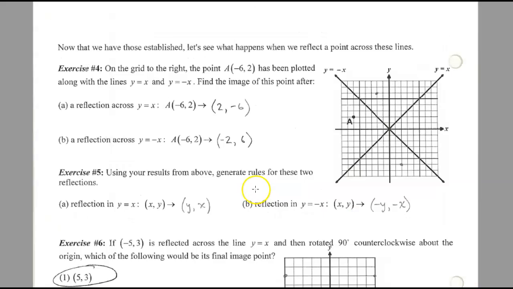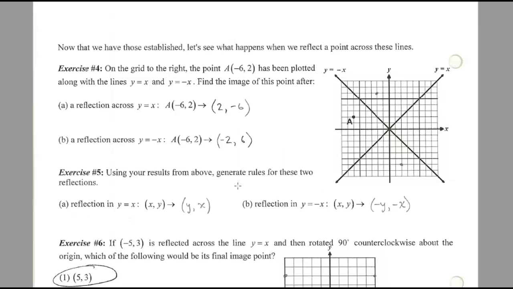Okay? So going into exercise 4 on the next page, if we're trying to take the point A at (-6, 2) and plot it along with those lines y = x and y = -x, we can find the reflection across either of those diagonal lines by counting to and through the line. And then we'll talk about a rule for it in a minute.